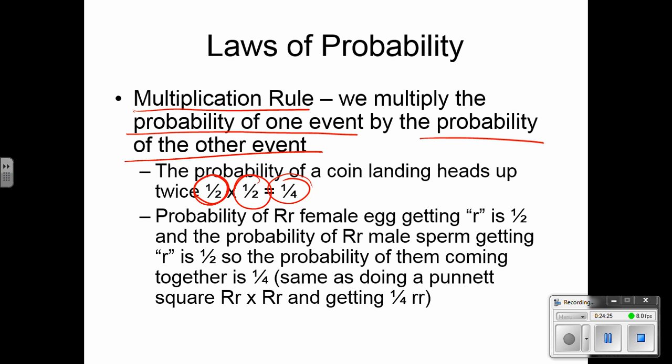So it's the same idea here. The probability of getting the recessive allele from the heterozygous female egg is 1/2, and the probability of the male sperm getting the little r is also 1/2. So the probability of them coming together when you're mating two heterozygotes is 1/4. It's the same thing as doing a Punnett square, except you don't actually have to physically write down a Punnett square.